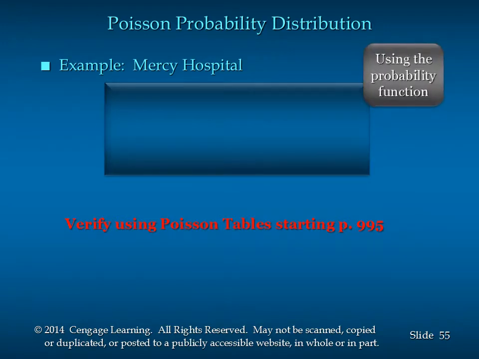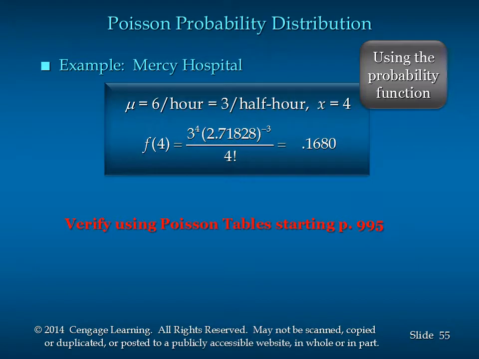And so you put it in your handy-dandy formula here, and you come out with 0.16. Verify that. Now we have handy-dandy tables for Poisson as well on page 995. Oh, by the way, this is the day we go to normal time.